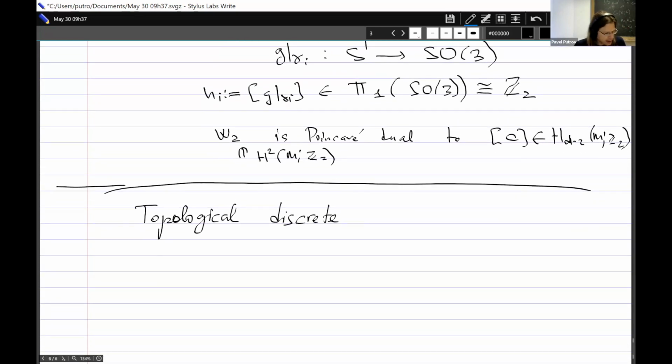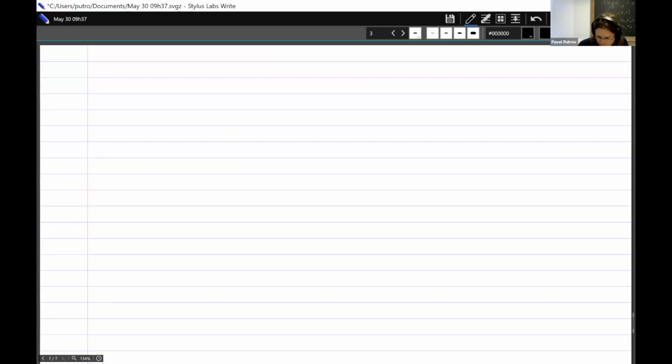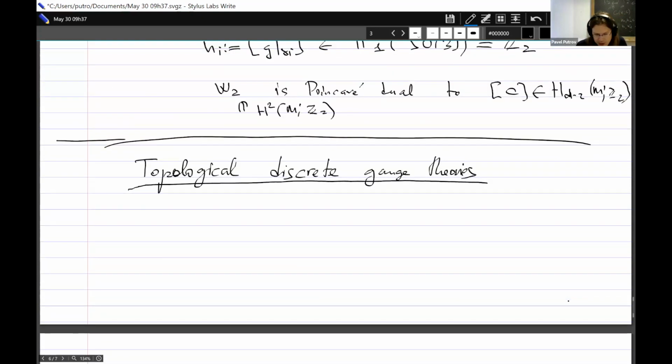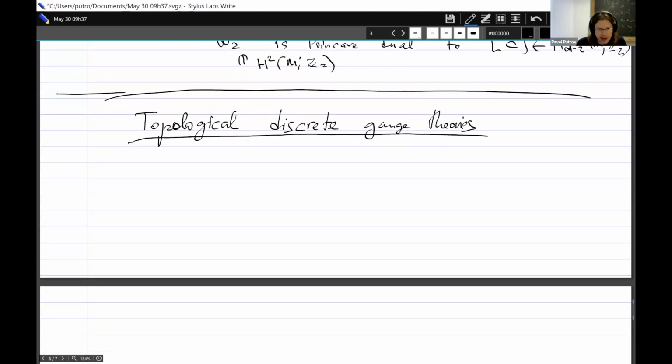And the next step will be about what are called topological discrete gauge theories. So the goal is to understand what these discrete gauge theories are and what their classification is.